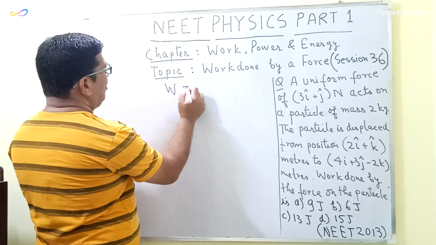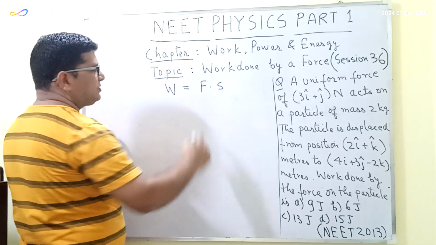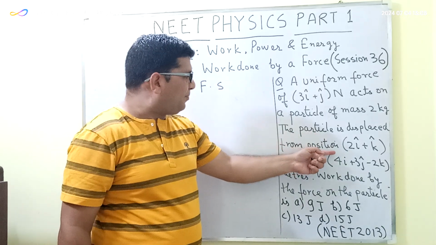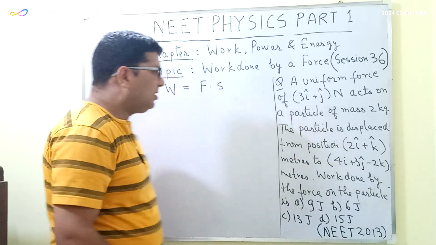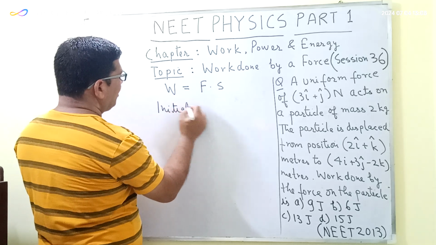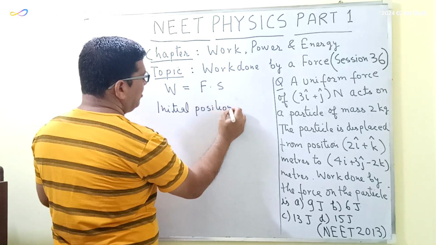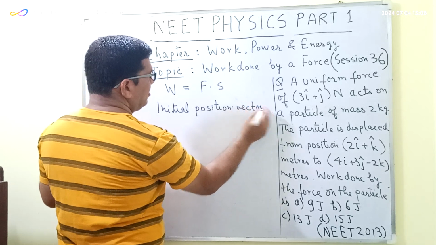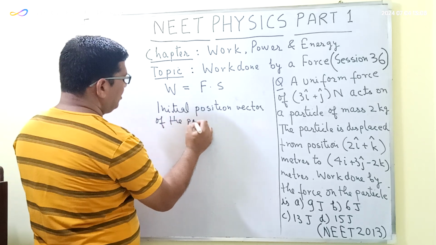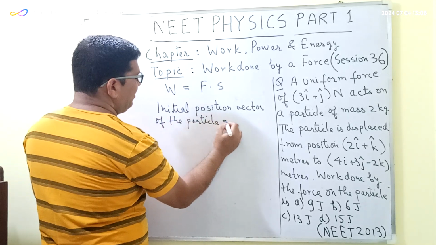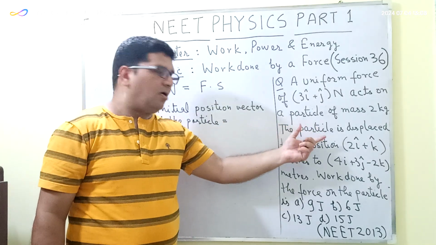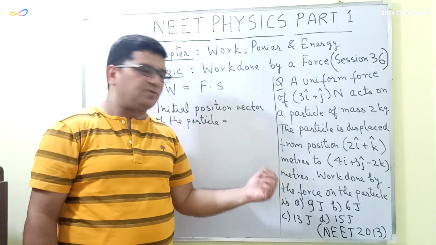The work done, as we all know, is given by F dot S, where F is the applied force and S is the displacement. Now here the initial position of the particle is given by 2i plus k. The position vector defines the position of a particle with respect to the origin.